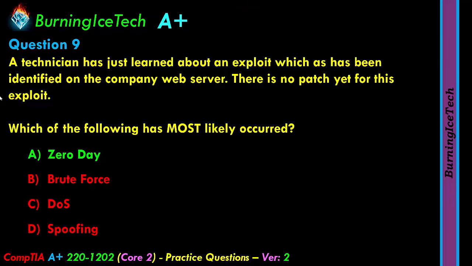Now if we look at answer B, we know the answer is C here. Brute force is a type of password attack. You get many kinds. Brute force is when you guess the password. Yes, I can guess it as a human being, but normally we'll use special software to try and crack the password. That is a brute force attack. DOS, denial of service, is a type of attack where we deny the user access to a service.